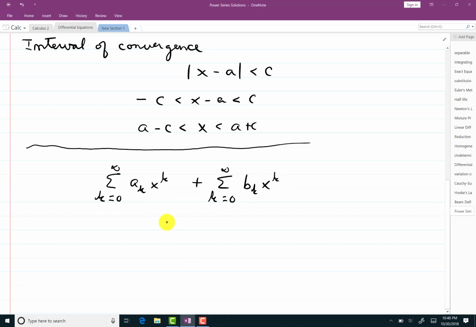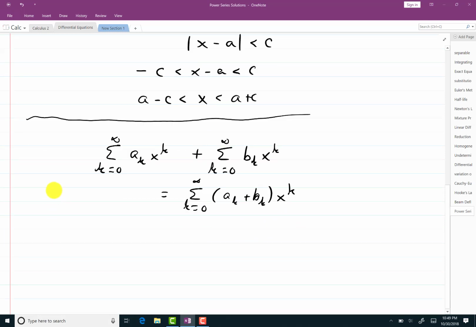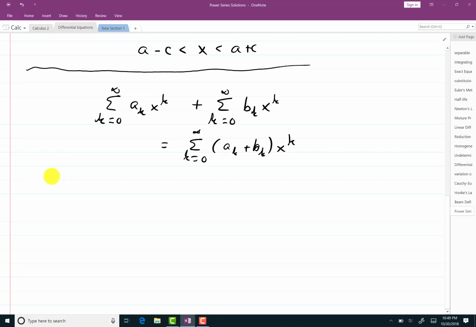You can add like terms, assuming this is for where it converges, of course, and that's usually what we will consider. So I could add together the a k and the b k, and those are taken to the x to the k power. Works for subtraction as well.